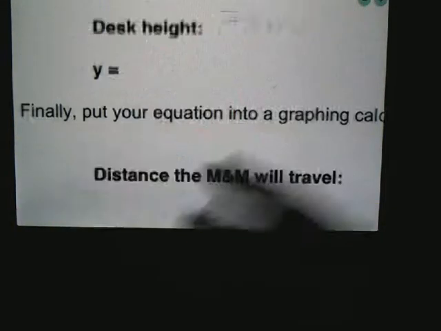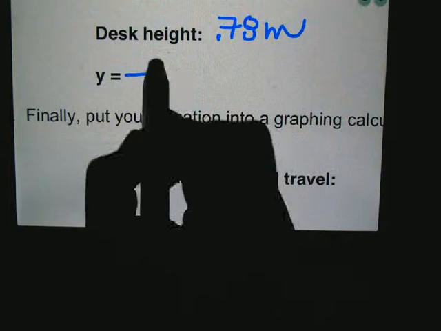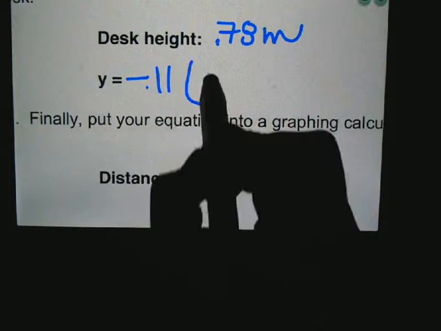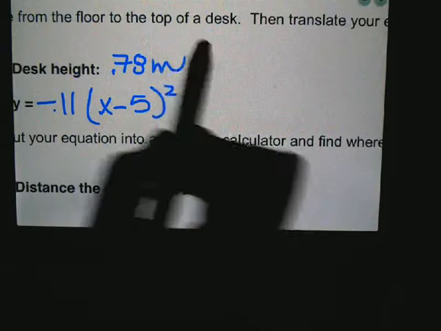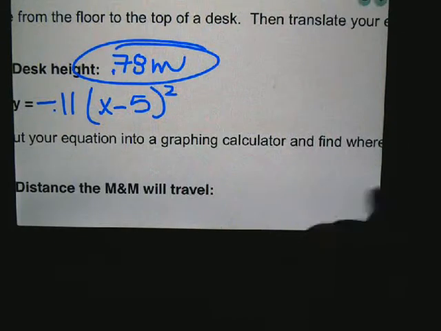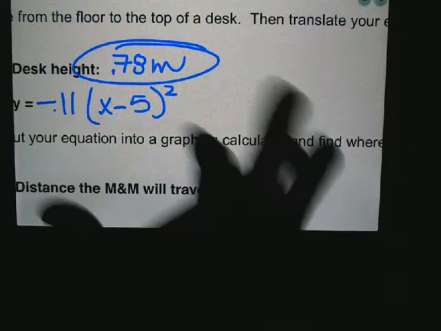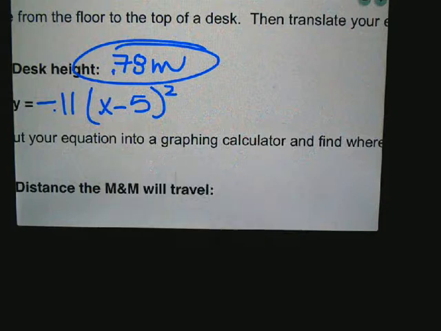So everything is going to be the same. So we're going to add 0.78. Now this 0.78 meters is going to be the same for everybody. So for your numbers, even though all of your numbers are different, it is going to still be 0.78. So I'm going to take 2.76 and add 0.78, and I get 3.54.